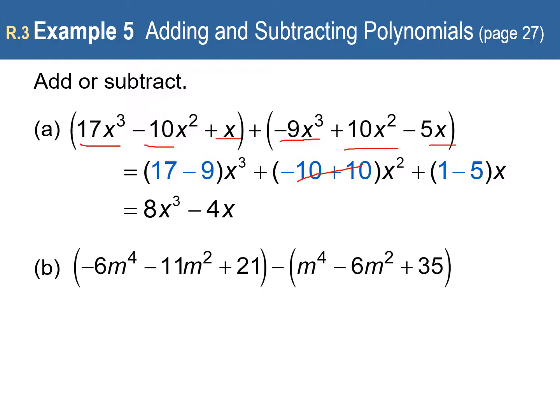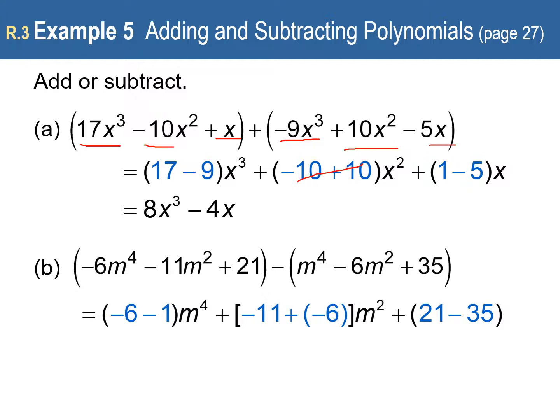For problem B, m to the 4th has negative 6 minus 1. Now remember, we're going to be subtracting, so it's going to be minus 1. M squared has negative 11, and then we're going to subtract negative 6. So that should be subtracted negative 6.